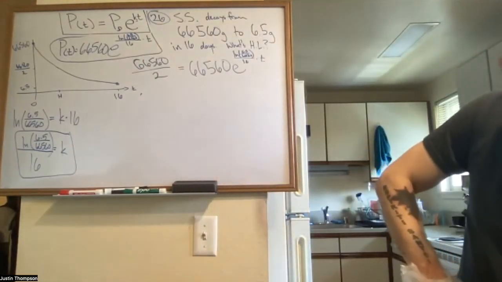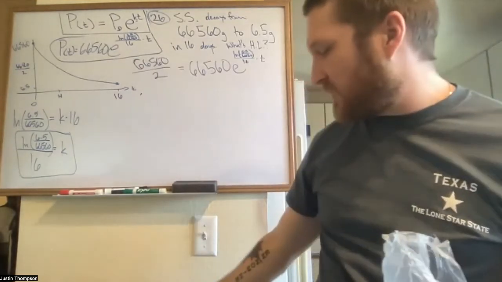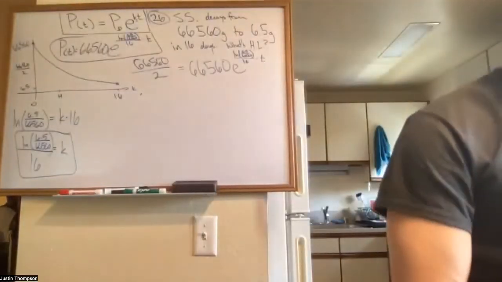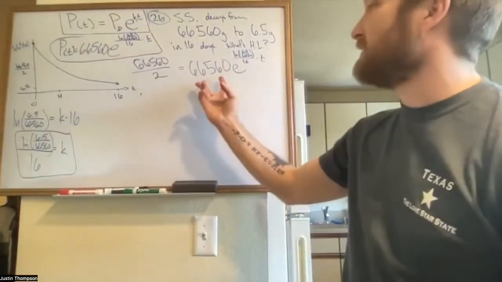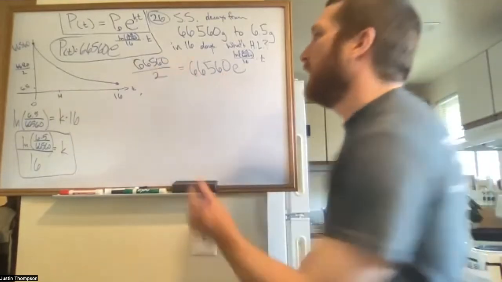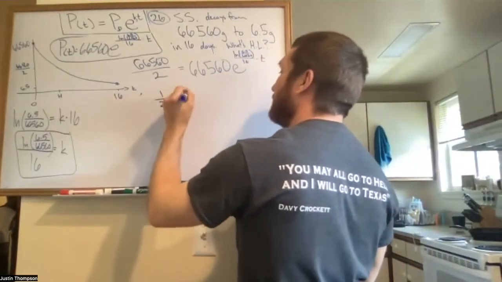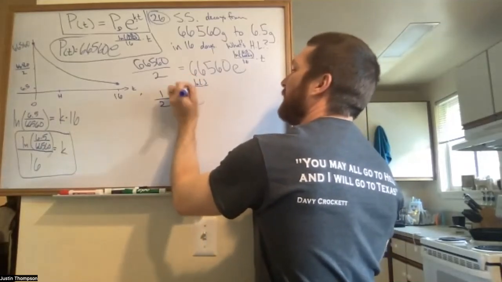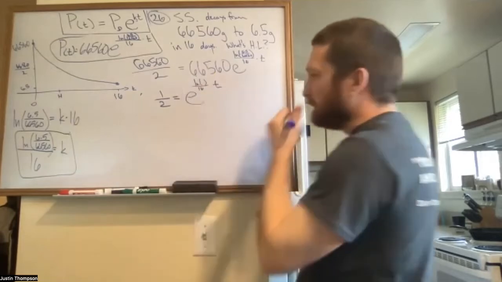And the nice thing is the same way that we did this earlier, where we didn't have to use our brains, we just divided both sides by P0. Well, that's technically what I'm going to do right now. I divide both sides by P0, and I should end up with 1/2. Right? E to the natural log of stuff over 16 times t. I'm not going to write all that down.